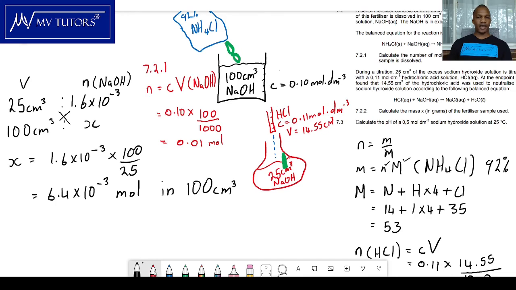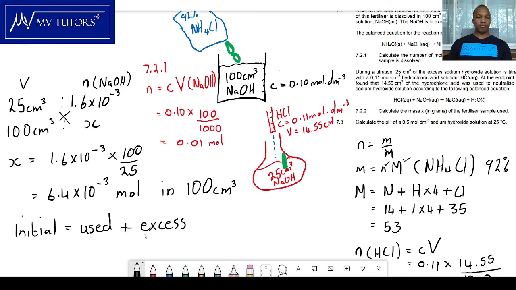But now this is what we must know about the number of moles. I always say that the initial number of moles is equal to the number of moles that are used plus those that are in excess. Now we've been told that the excess was these ones in 25.